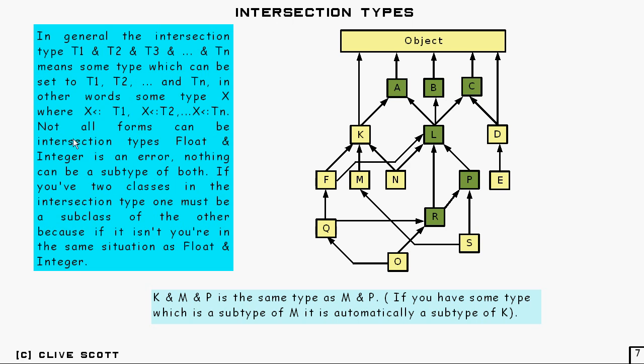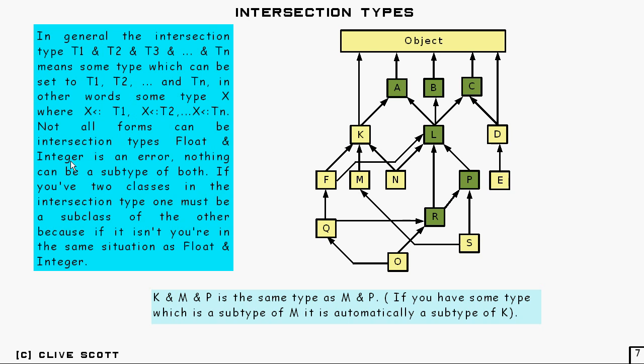And if you think about that, not all forms can be intersection types. For example, if you have float and integer, that's going to give you an error because there's nothing that can be a subtype of both float and integer. Think about it. If you had integer, to get from integer to float, you'd have to do unboxing.